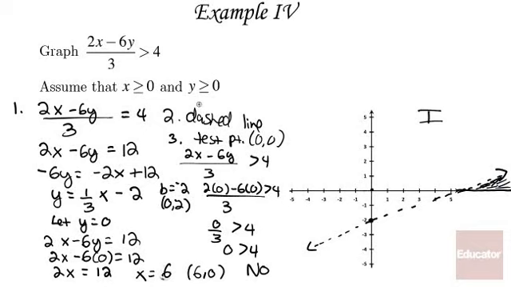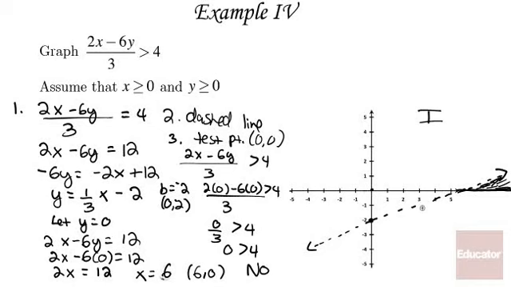And since it says greater than or equal to 0, I am going to include this area here where y is equal to 0. However, I'm not including the points on the line because this is a strict inequality.